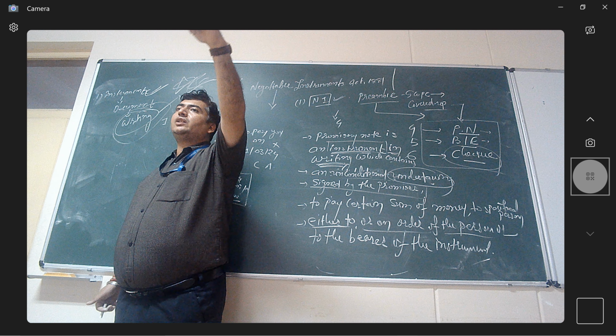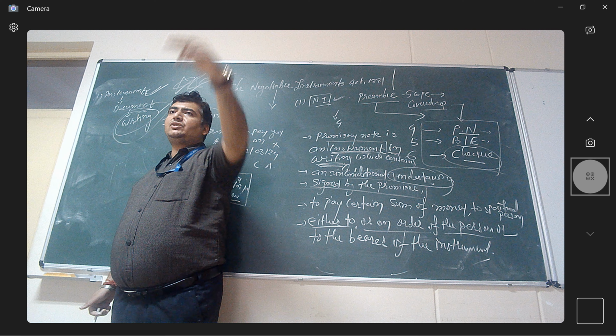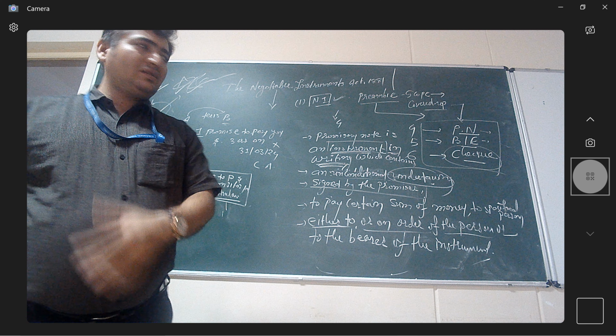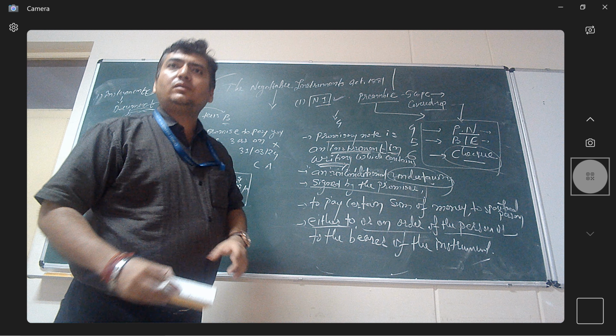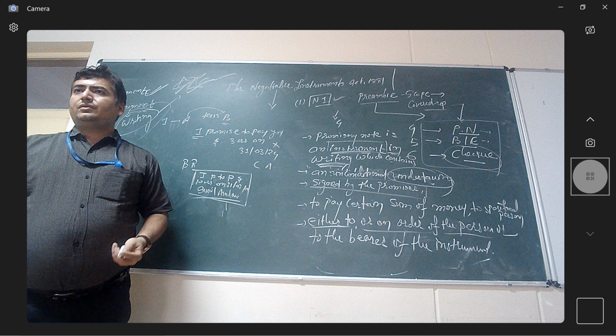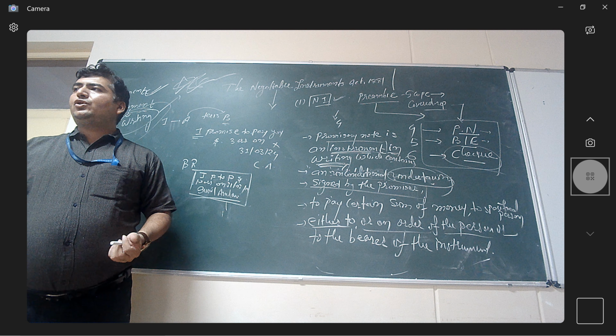Second, the promise you are putting there must be unconditional. What should it be? Unconditional. Suppose I am just giving writing that I, Chirag Akhani, promise to pay you rupees 10 crores only in Bitcoin.